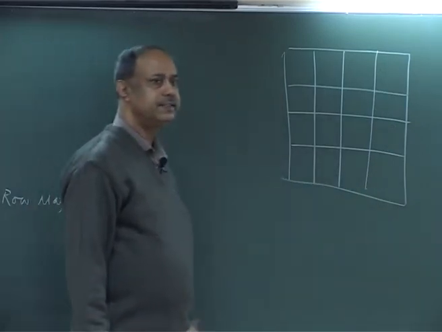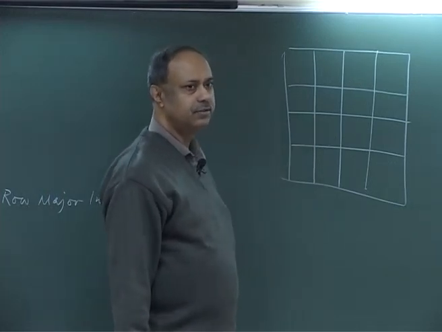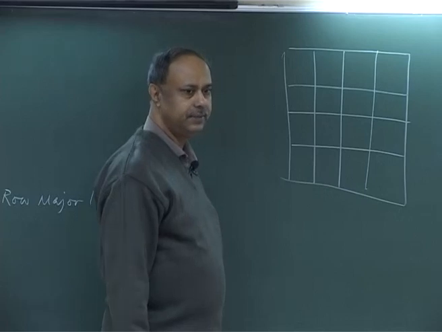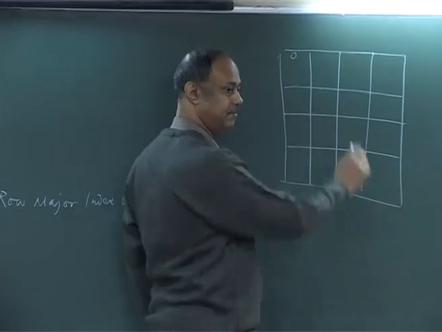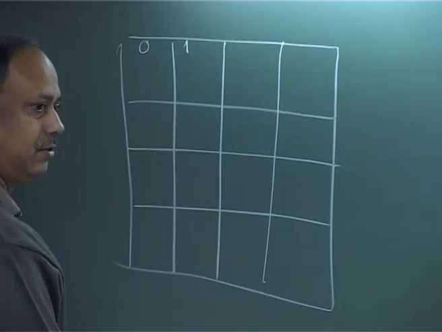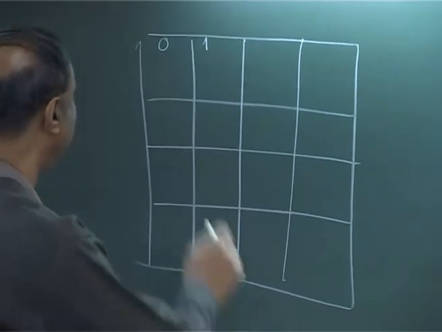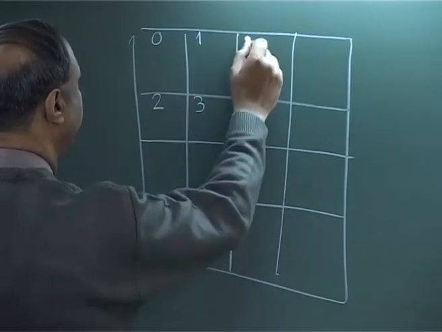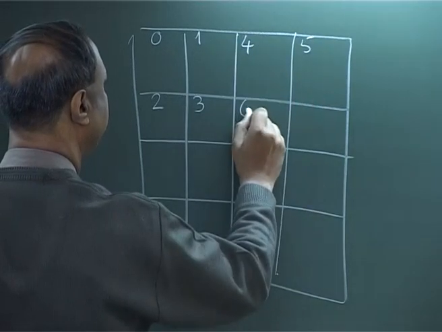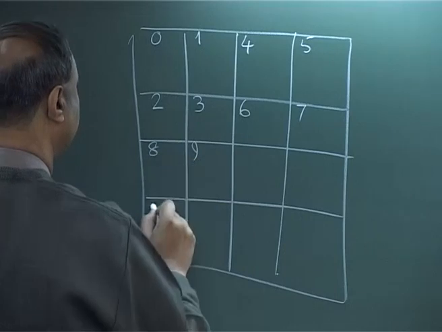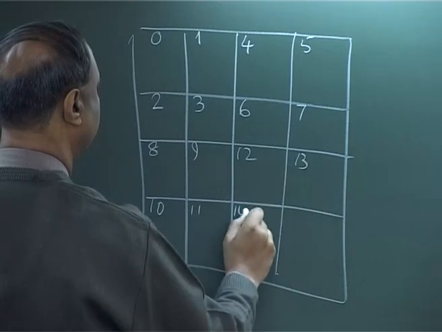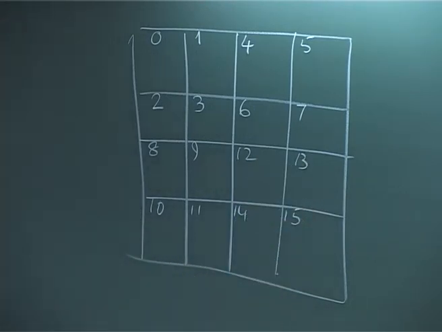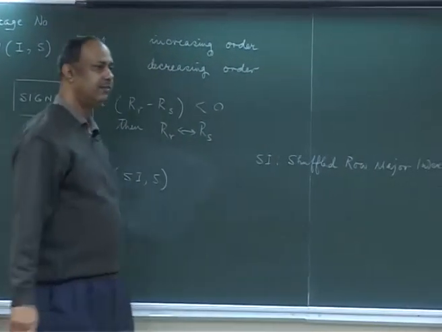In the shuffled row-major indexing scheme, can you tell me where will be your P0? P0 is here, P1 the neighboring one, P2 is here, P3 here, P4, P5, right. So, SI is the shuffled index of PI.